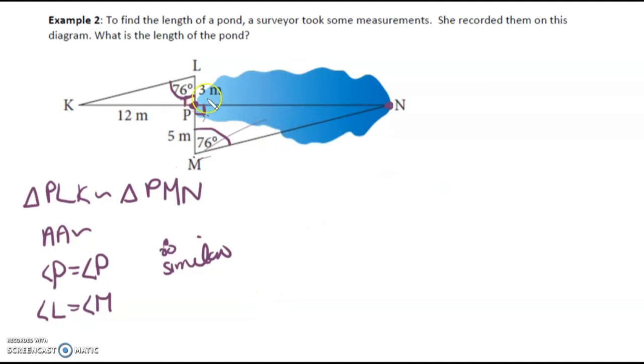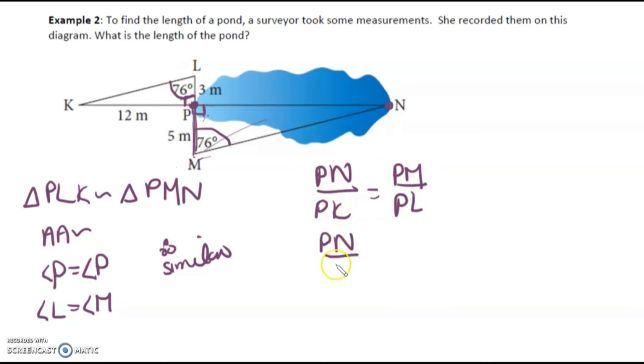What is the length of the pond? So we have PN that we're looking for. We have a bunch of side lengths. Let's put the big triangle over the little triangle. So let's go PN over PK, and then PM over PL. So we have PN over 12, then we have 5 over 3.